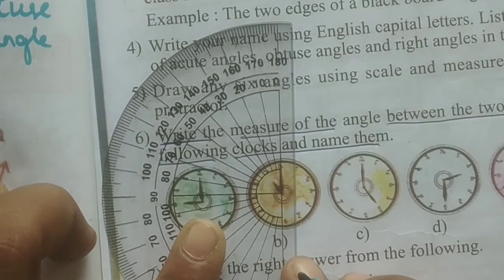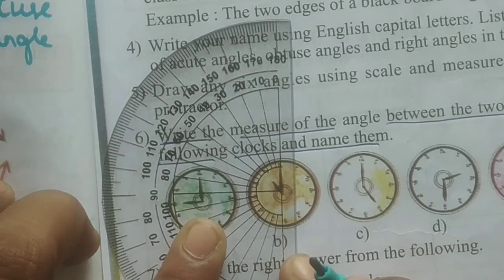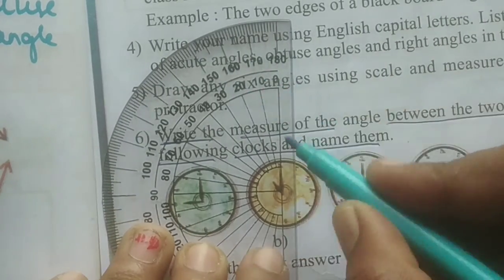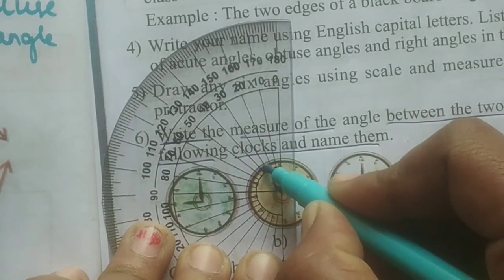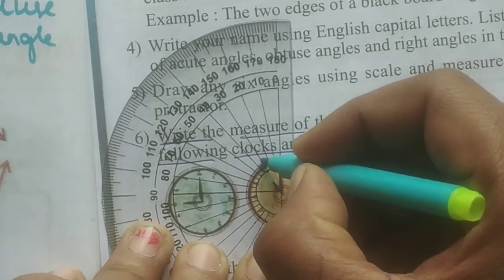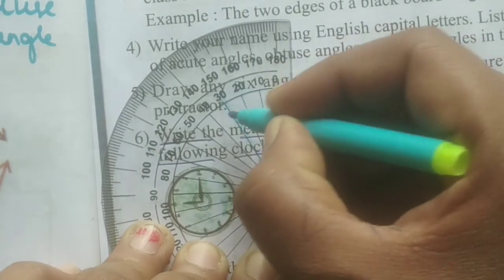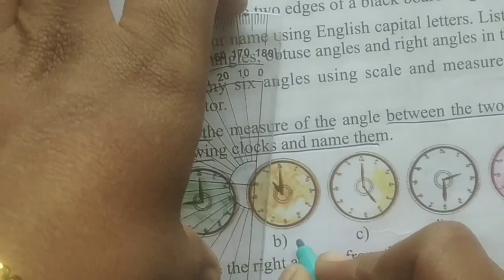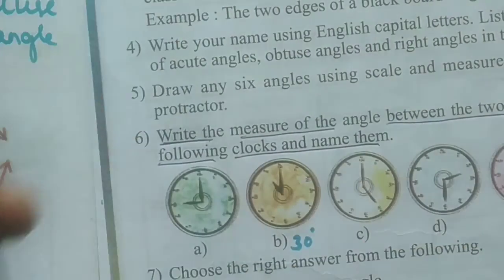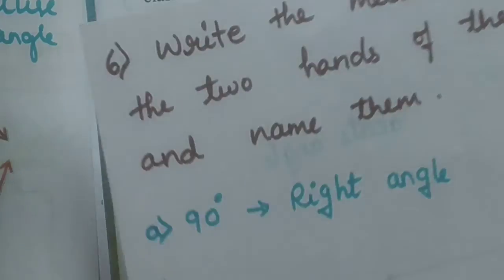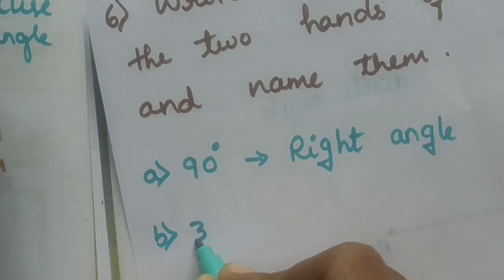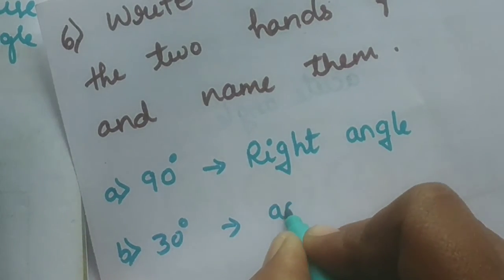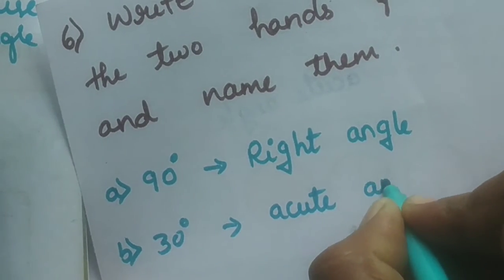So now it's very difficult, children. Measure carefully. So the line is here, the hand of the clock. So that is 30 degree. So second one is 30 degree. So which type of angle is this? So 30 degree means an acute angle.